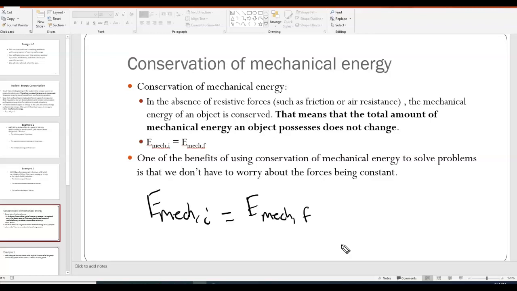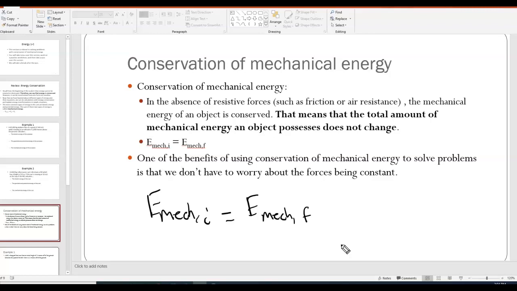Remember, both E mech I and E mech F are kinetic plus potential energy. So E mech I is the initial kinetic energy plus the initial potential energy, and E mech F on the right side would be the final kinetic energy plus the final potential energy.